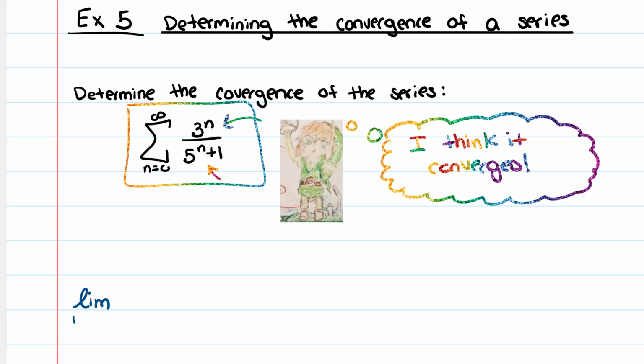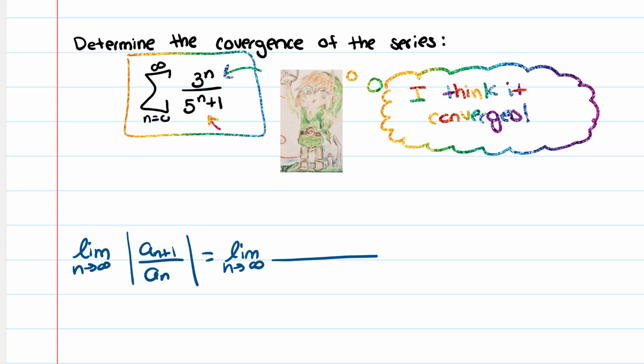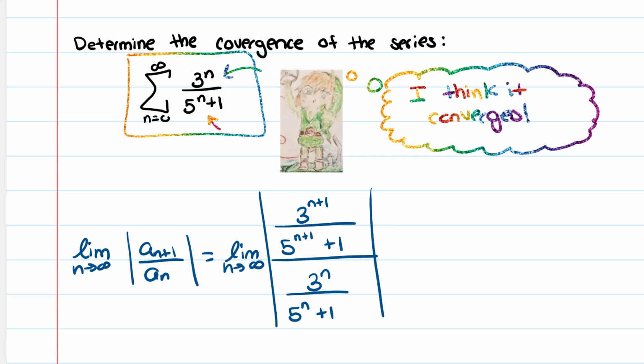So you do the limit as n goes to infinity, absolute value of a sub n plus 1 divided by a sub n. So the first thing I do is write a sub n plus 1. So it's 3 to the n plus 1 divided by 5 to the n plus 1 plus 1. And then all divided by 3 to the n divided by 5 to the n plus 1, with big absolute value bars around the whole thing.